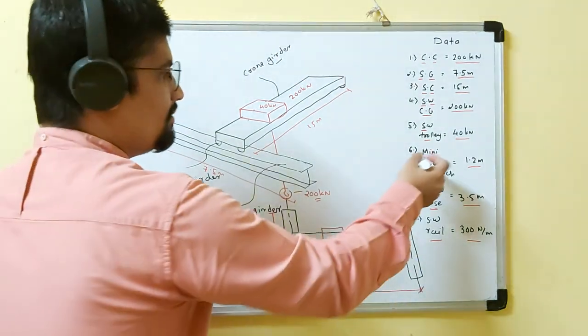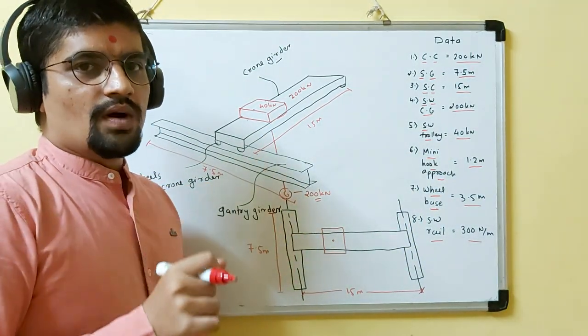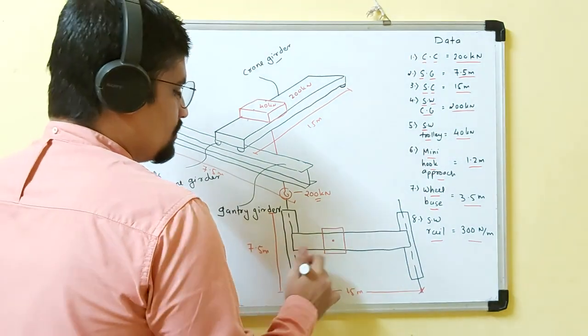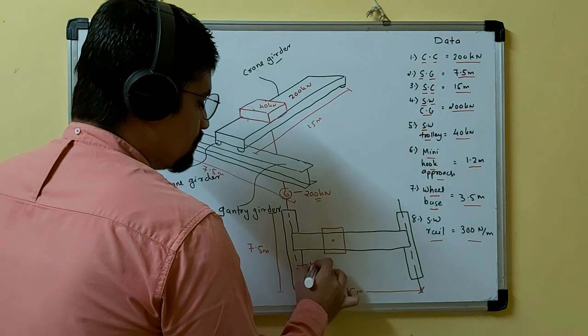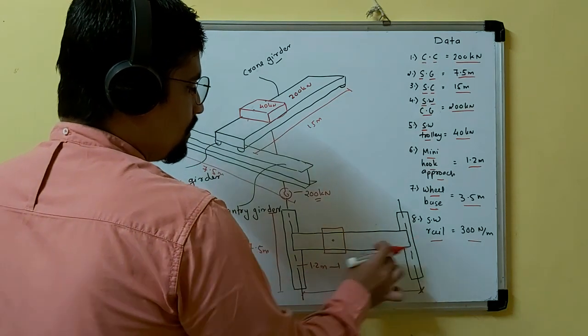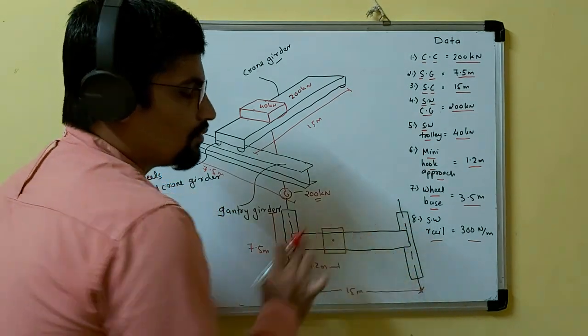Okay. Minimum hook approach means the distance of the hook from one end of the crane girder. Either you keep your trolley here, so the distance is 1.2 meter from here, or you keep your trolley here, then the distance is 1.2 meter from here.